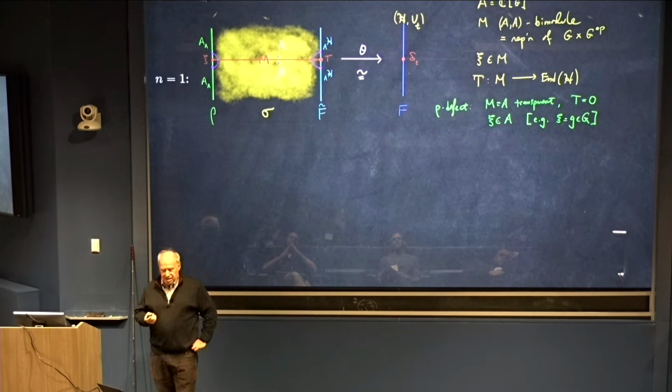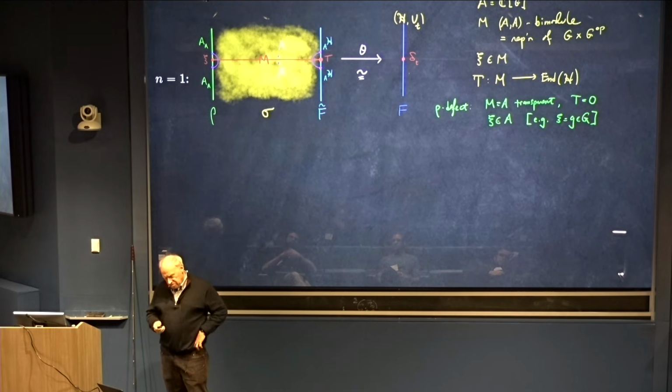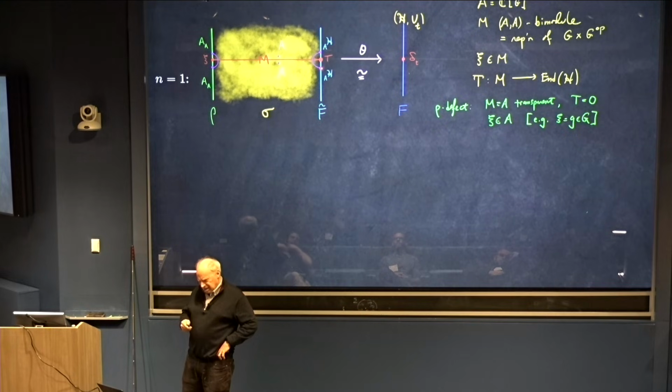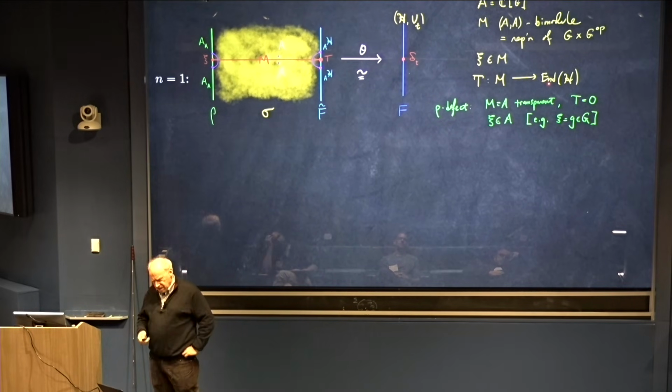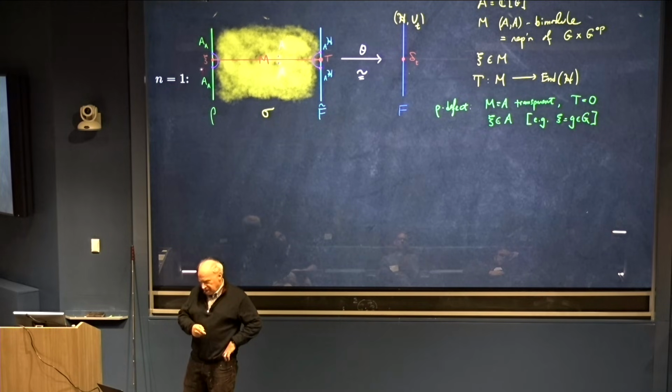You can think of that as a representation of G cross G op, two copies of G. And what's given here on the right is a morphism from this module into the operators in your theory. That should be equivariant. And then on the left, we just get a vector inside M.